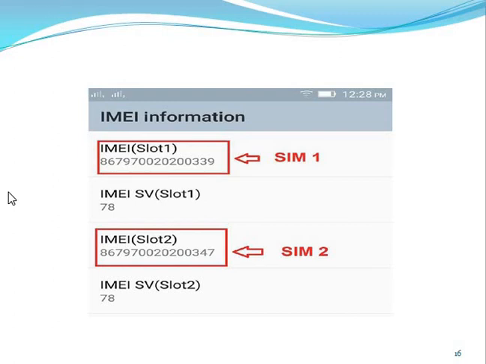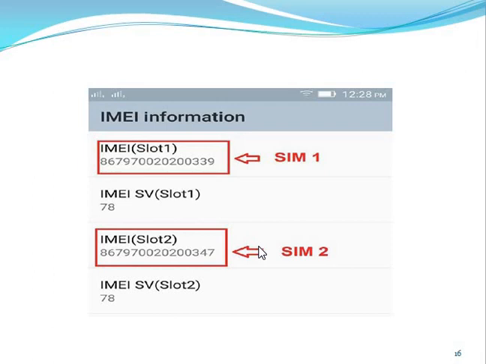If you have IMEI information in slot 1, this is your number, and slot 2 has its own number, so both slots hold IMEI information.